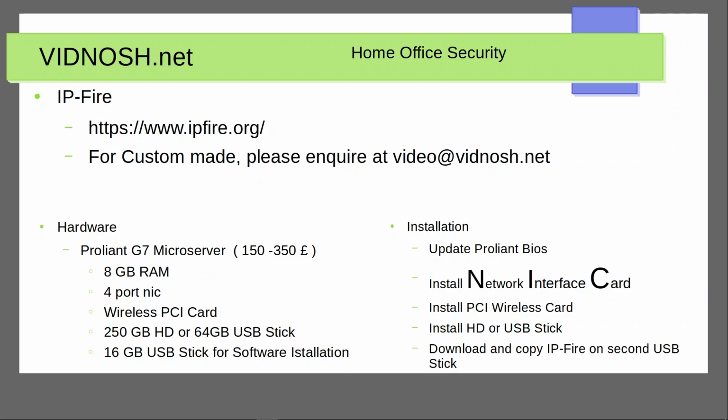And the last thing is you need to download and copy your IP-Fire software onto a second USB stick, which you have to format according to whatever software you use to make it a bootable USB stick.